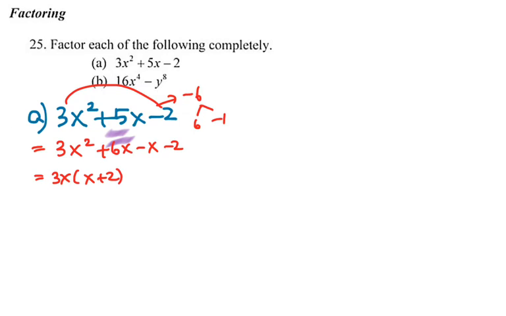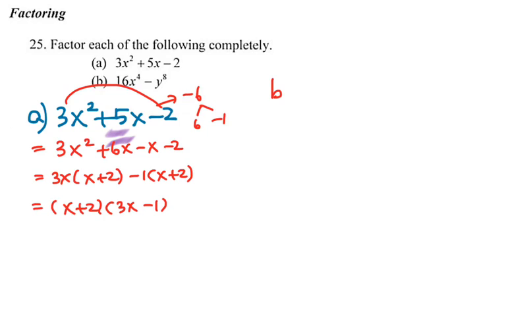And from the last two terms, if you factor out negative 1, then we get x plus 2. Alright, since x plus 2 is common between both of those, we can simply factor that out, x plus 2, and then we are left with 3x minus 1. That becomes our final answer.